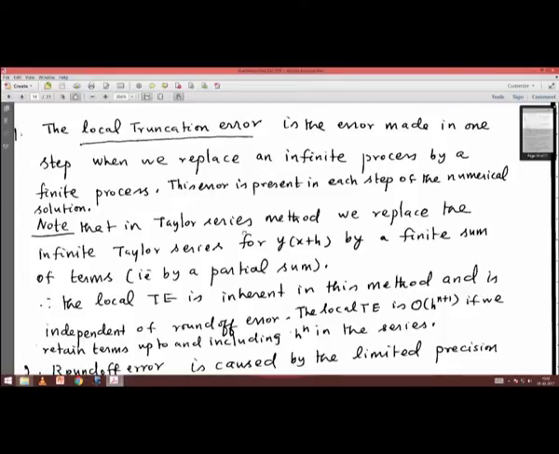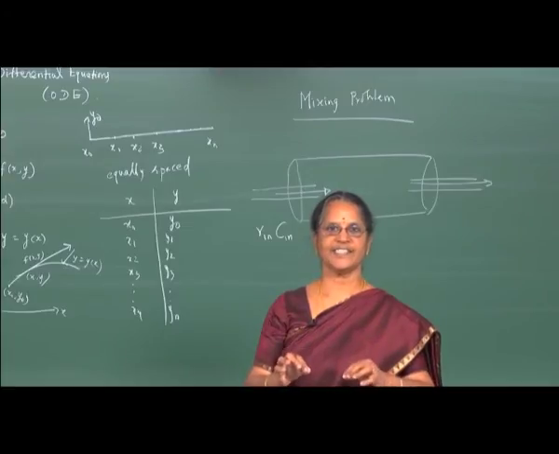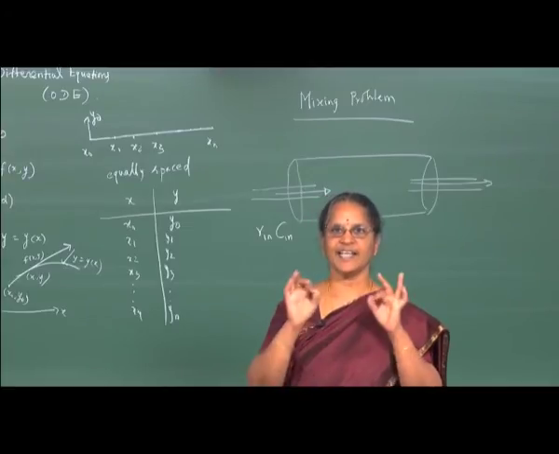What is it? It is the error that is made in one step when we replace an infinite process by means of a finite process. So, as we have remarked, this truncation error is present at each step of our computation. It is inherent in the method itself.